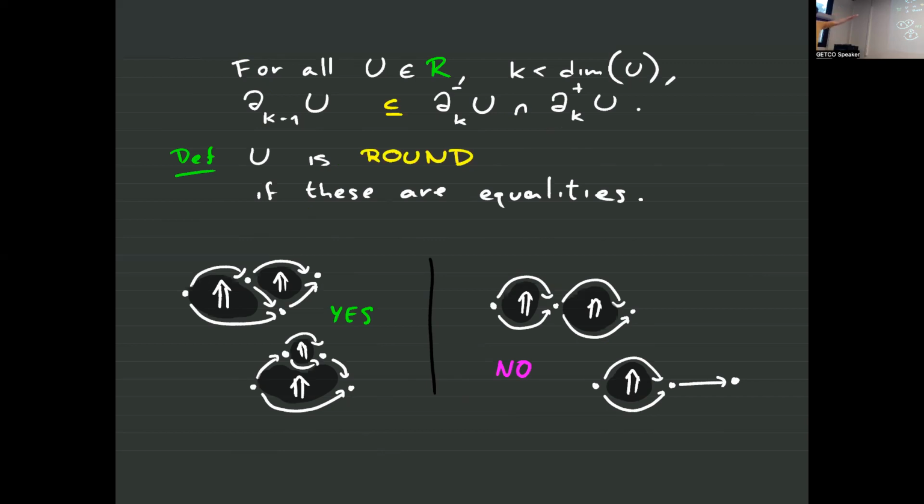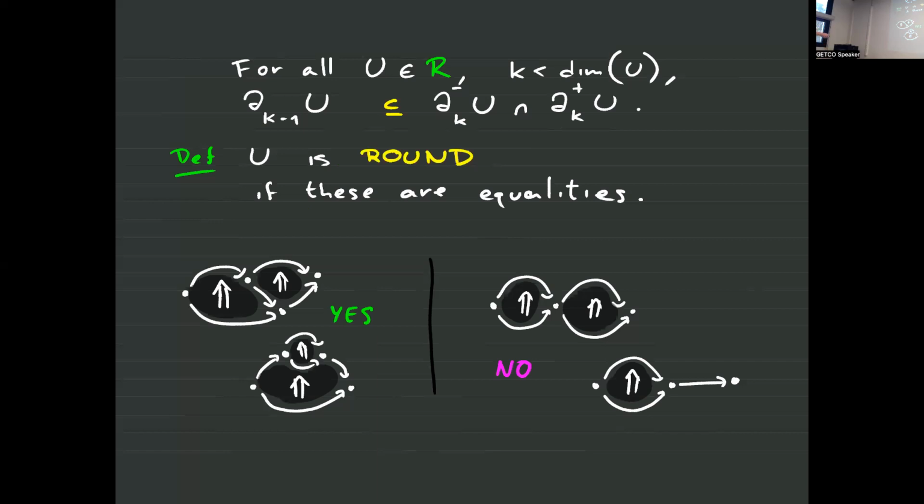This is always an inclusion, it's not always an equality. And we say that U is round if for every k smaller than the dimension of U, all of these are equalities. So this roundness ends up capturing exactly the idea that these things are going to be homeomorphic to balls.